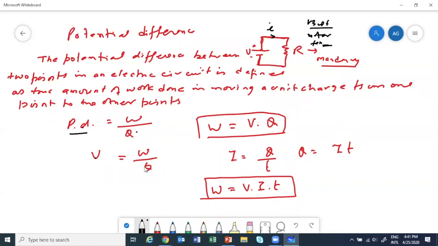Cross multiplying, W equals V into Q. Current is charge flow by time taken, so I equal to Q by T, and Q equals I into T. Substituting this value of Q, W equals V I T. Any doubt on this, Abdullah? Any other students have any doubt?